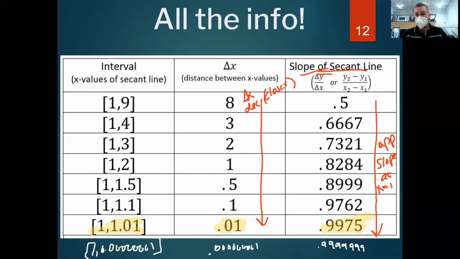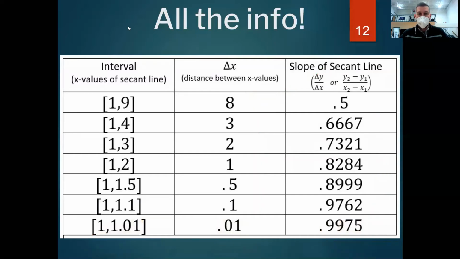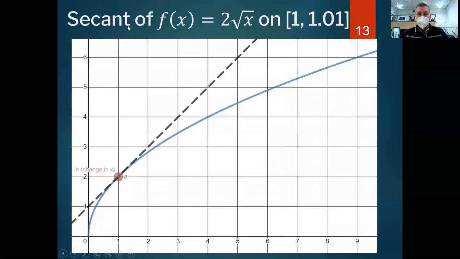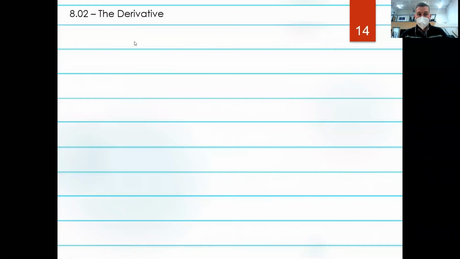So we're using secants to approximate tangent. Okay, so where does that leave us? Now what do we do with that information? Well, we're going to use it in a second to find the derivative. So right now we know tangent lines, secant lines, and we know how we can use secants to find tangents.